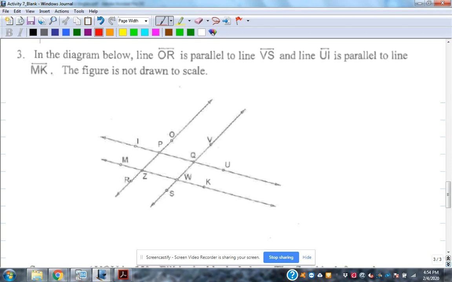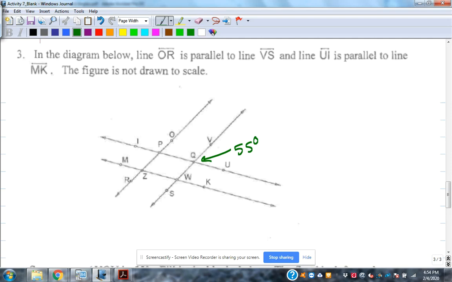It makes it fun. In the diagram, line OR is parallel to BS and UI is parallel to MK. And let's suppose that the measure of angle VQU, this angle right here, is 55 degrees. Fill in the blanks below.